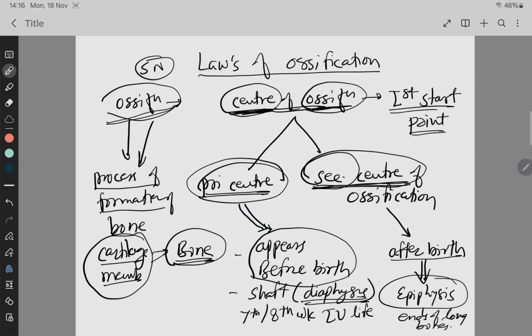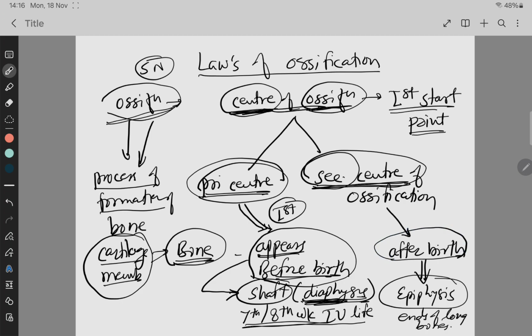The primary center appears first, generally before birth in the 7th or 8th week of intrauterine life, and from this the shaft of the long bone is formed, which we call the diaphysis. The secondary center of ossification appears after birth, and from it form the ends of the long bone, which we call the epiphysis.